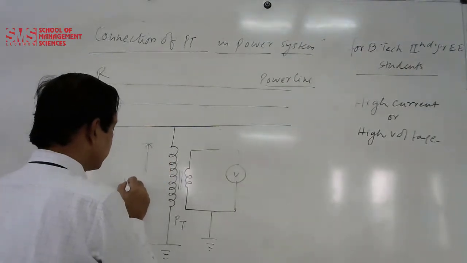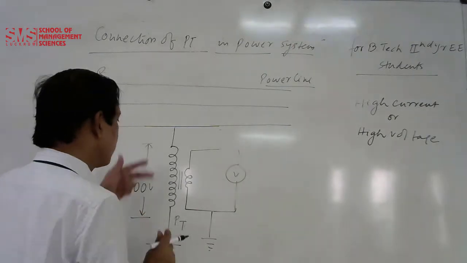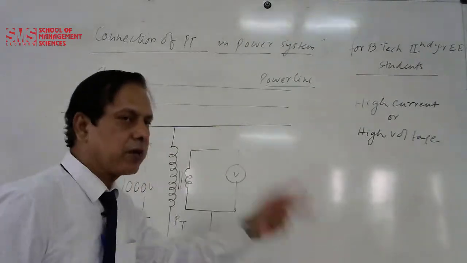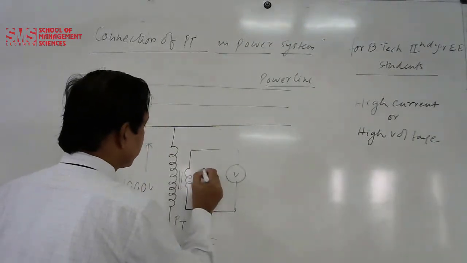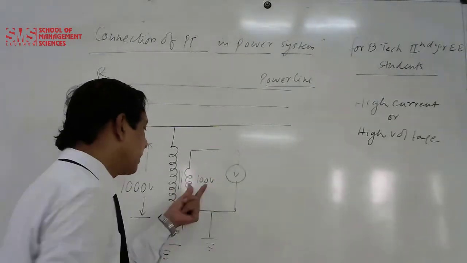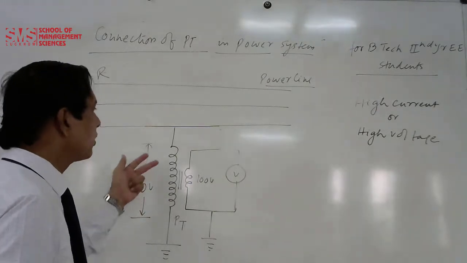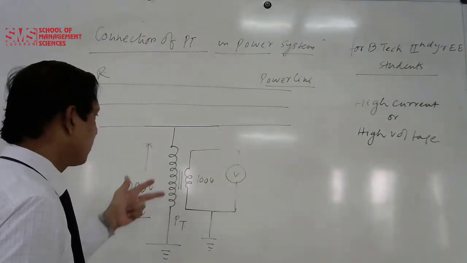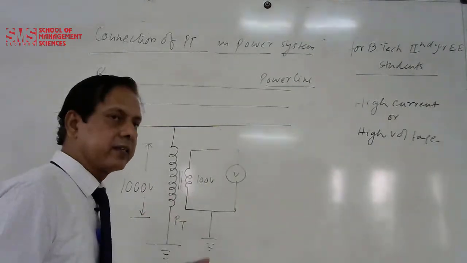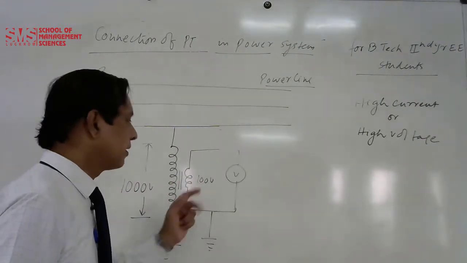Say the voltage across the primary winding is 1000 volt, it is stepped down to say 100 volt here. This 100 volt means the voltage on the high voltage side is 1000 volt. So accordingly, we have to provide the number of turns on the secondary winding to step down this 1000 volt to 100 volt.